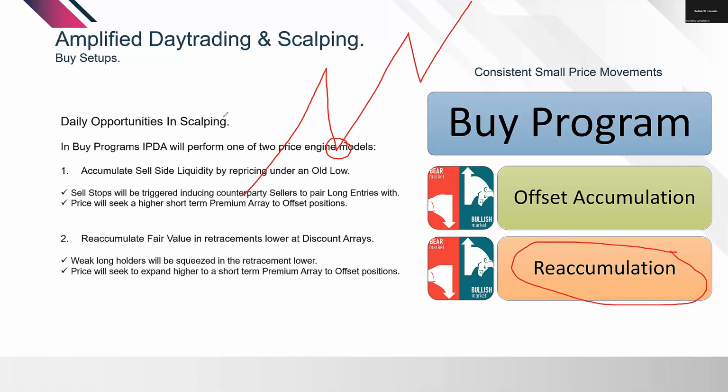But when a trend or a bias is established, we refer to that as offset accumulation, because price is going to trade below an old low and run stops before it runs to the upside, breaks market structure, and returns to fair value. That's a reaccumulation.